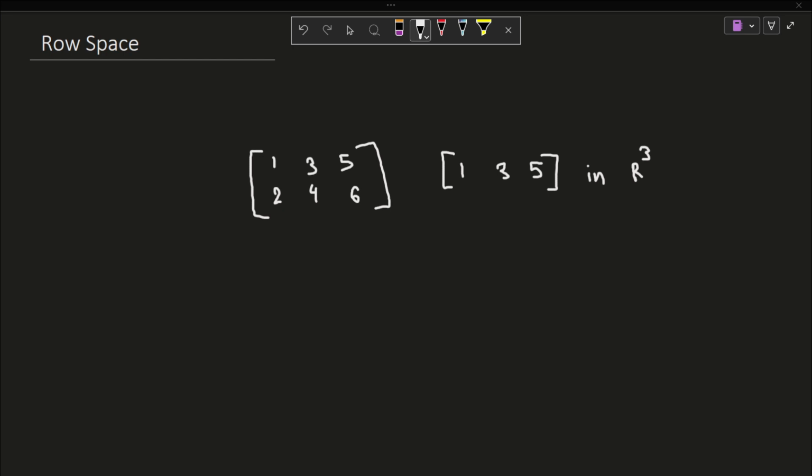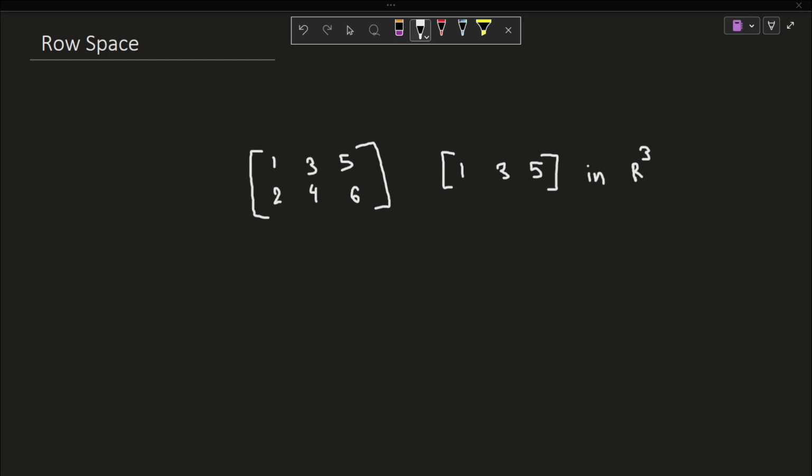Well, we have 2 vectors, and from a previous theorem that we learned in the linear independence section, the span of these 2 rows is going to be its own subspace.